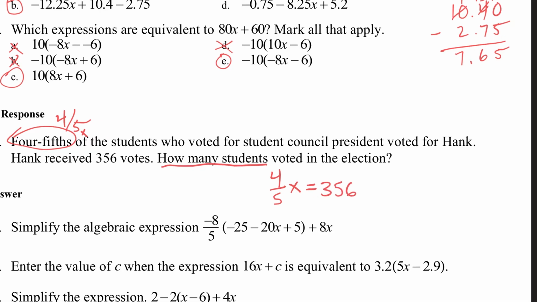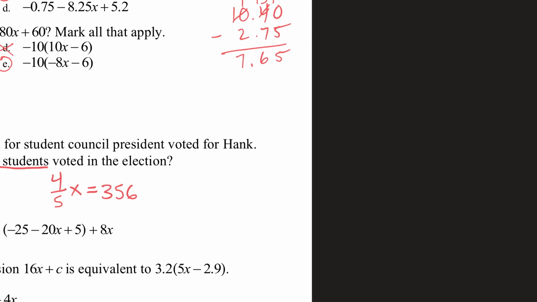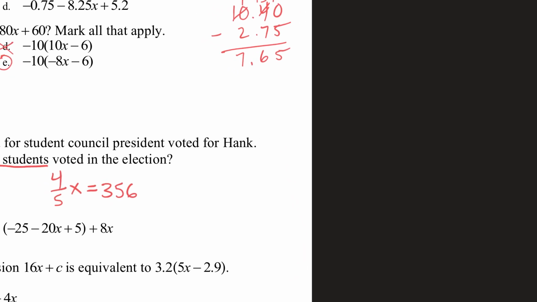Let's take this over here, and let's see how we can solve that. Let's see, can I take that with me? Nope, I'm going to have to rewrite it here. That's okay, though. 4/5 times x is equal to 356. So I'm trying to figure out what x is equal to.